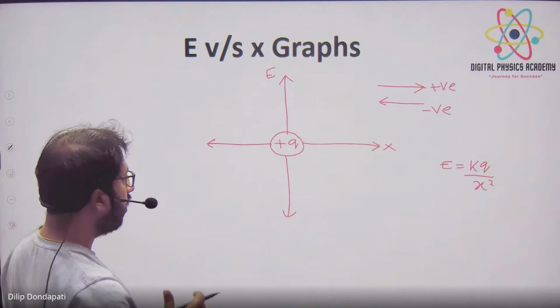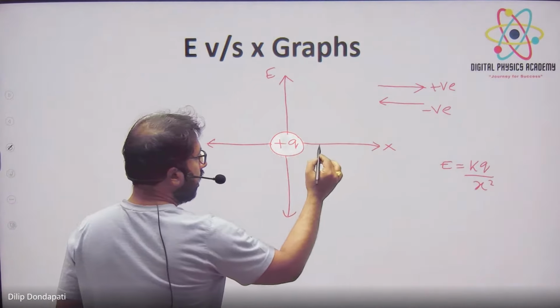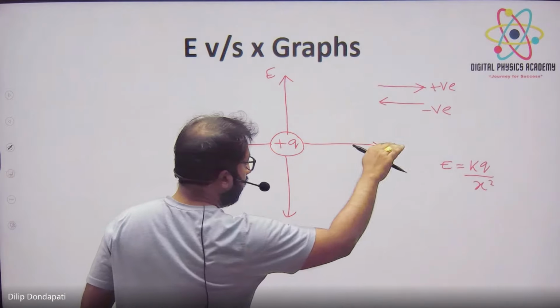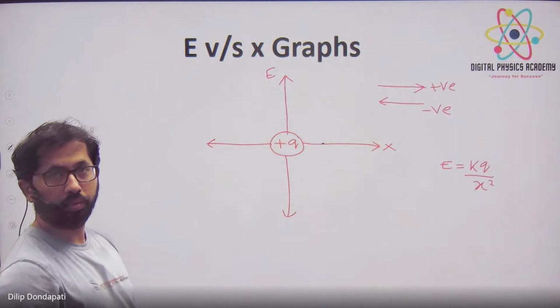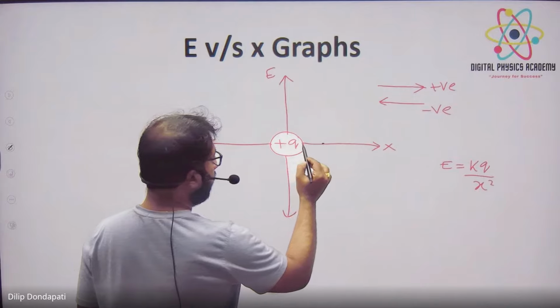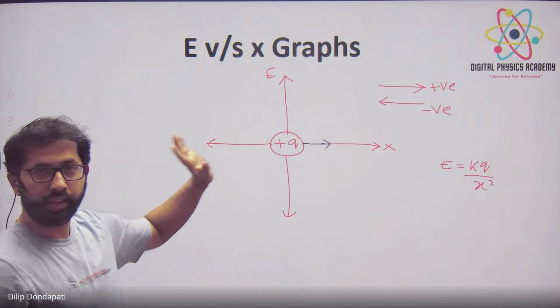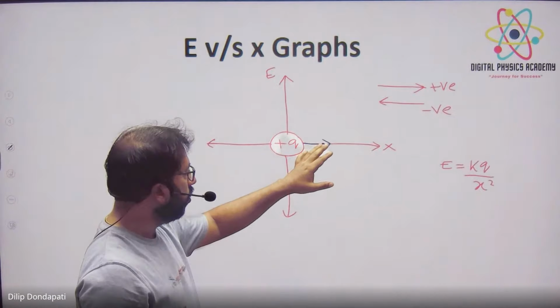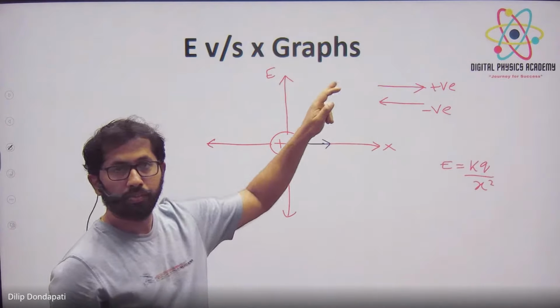Okay. Now tell me, because of positive charge, here the electric field is away, right, at this point, suppose. Okay, it is away, right? Because of the positive charge, away. Now see, in that direction we take positive or negative. Same direction, positive.